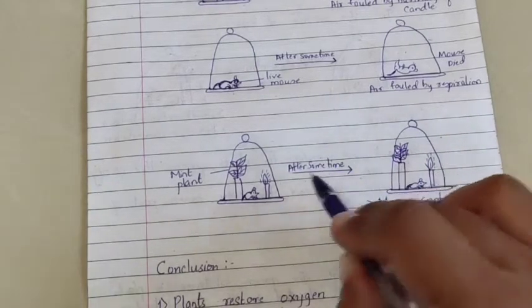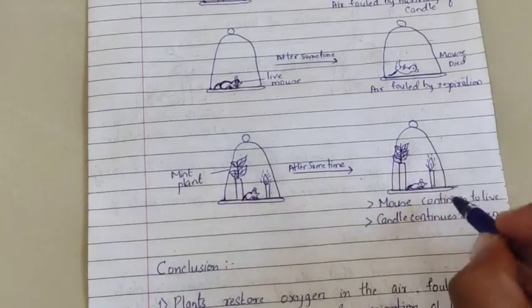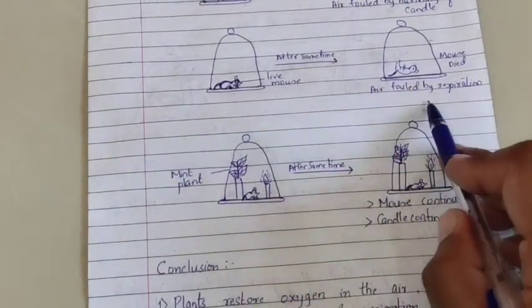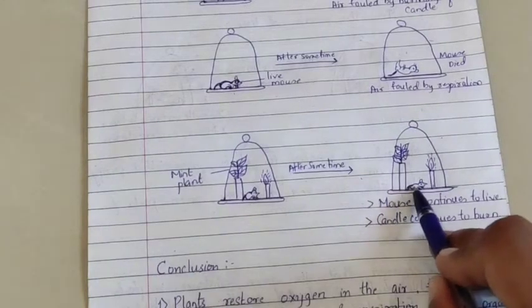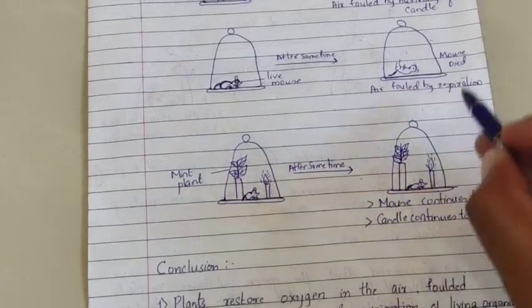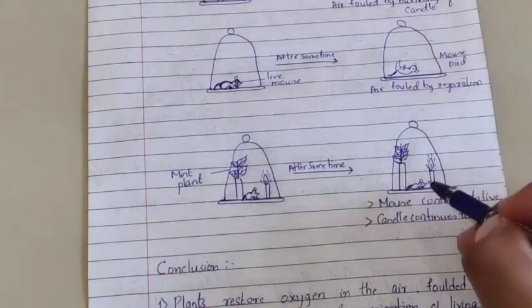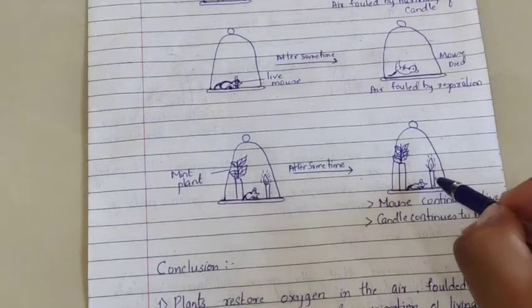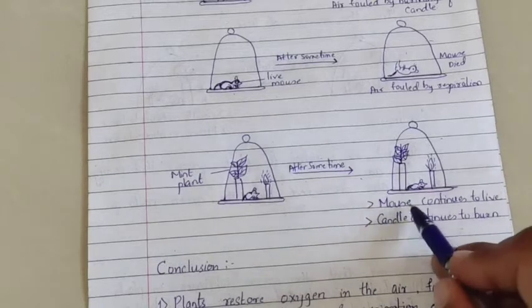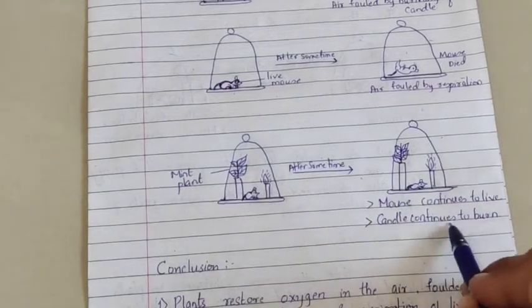After one day, he noticed that the mouse, which died in the absence of the plant, is still alive in the presence of the plant and is surviving. The candle which was extinguished in his first setup now continues to burn. Why did this happen? Here the mouse continues to live and the candle continues to burn.